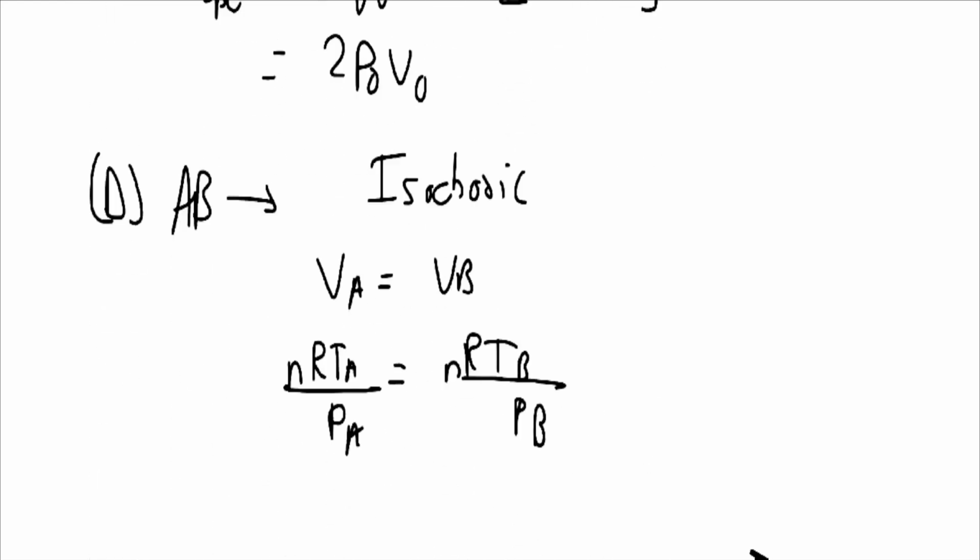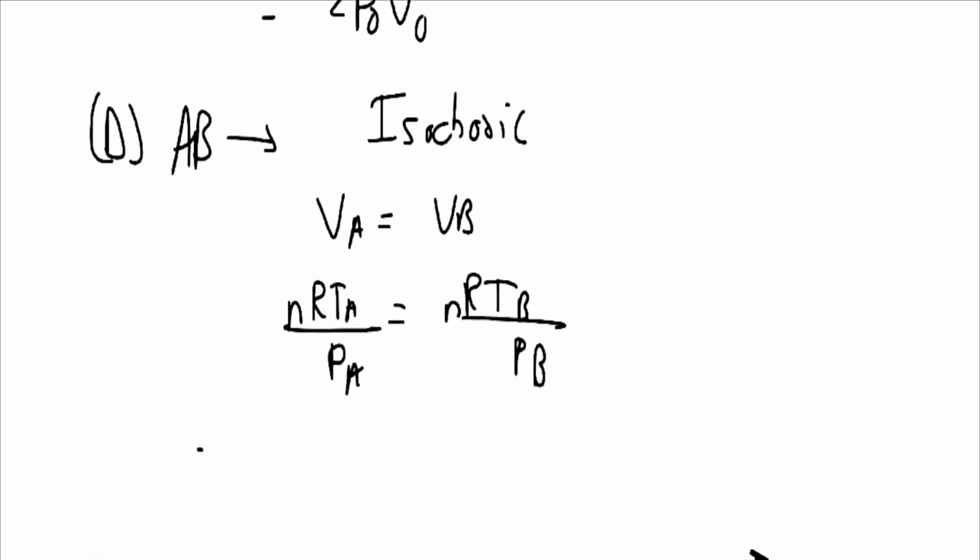So putting that in this equation, n gets cancelled on both sides, R also gets cancelled. So TA is T1, PA is P naught, TB is T2, PB is 3 P naught.